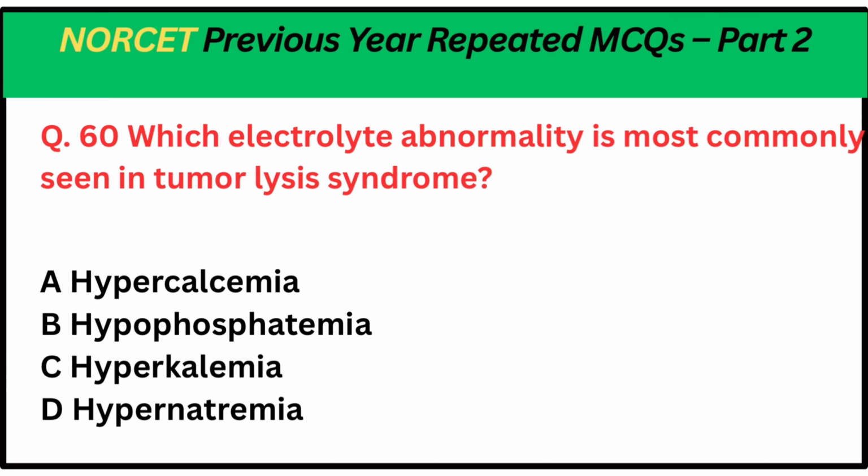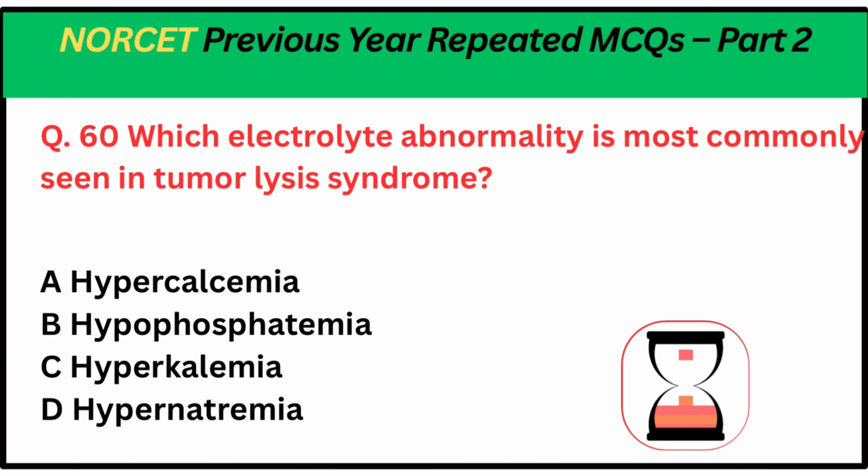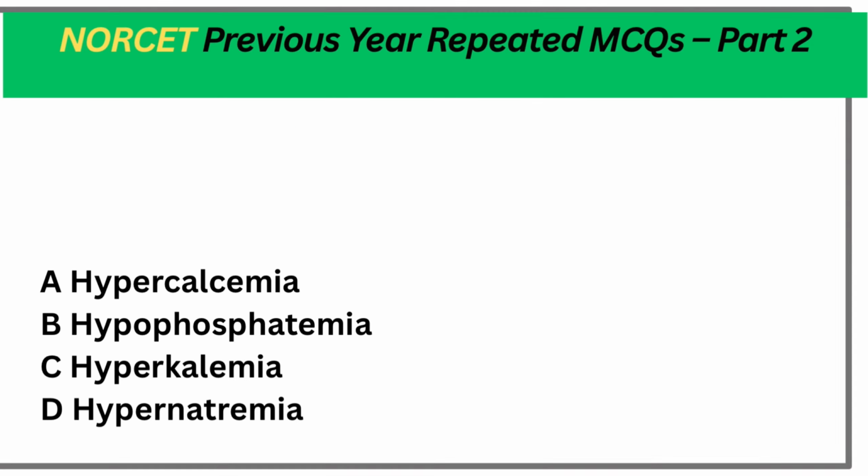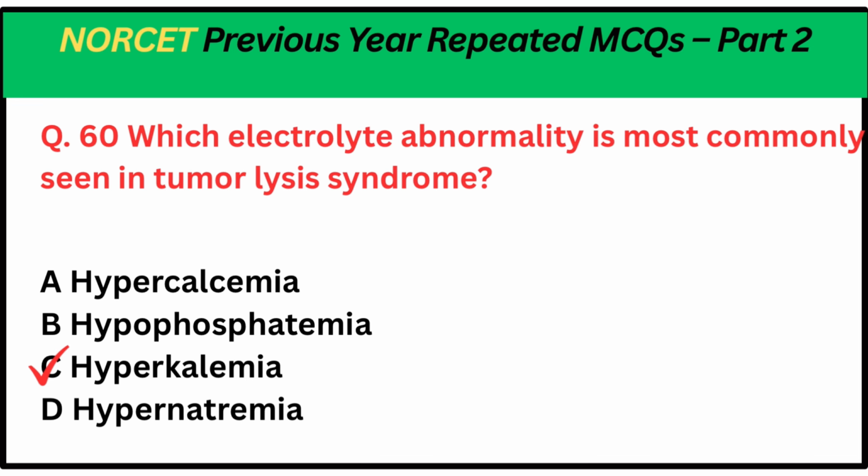Which electrolyte abnormality is most commonly seen in tumor lysis syndrome? Your correct option is option C, hyperkalemia. Moving to the next one, question number 61.